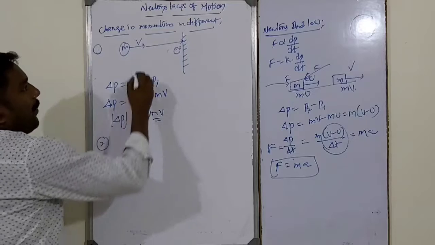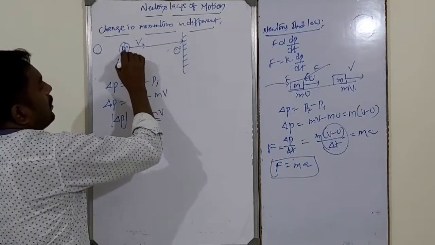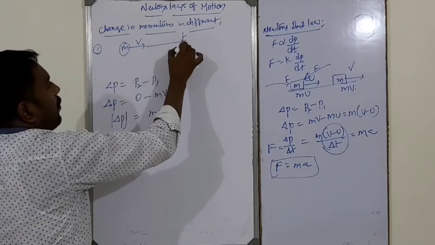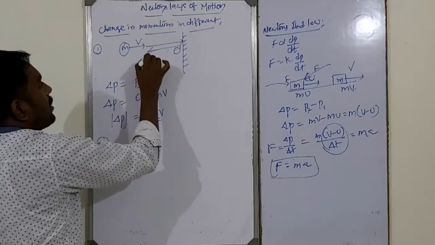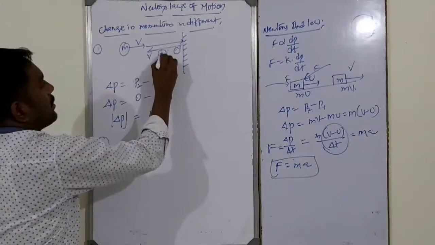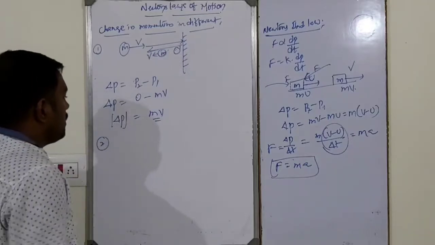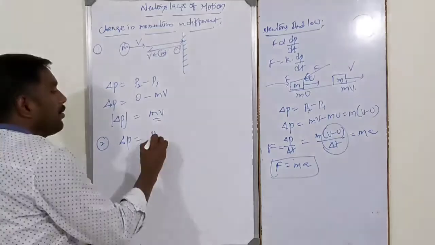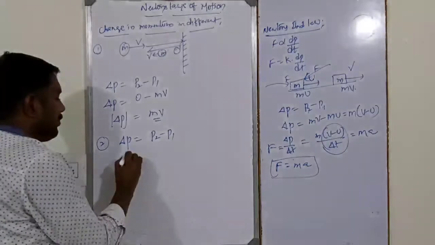Next, suppose this is the body of mass M moving with velocity v. After striking the wall, it returns back with the same velocity. In this case, change in momentum is final minus initial momentum.